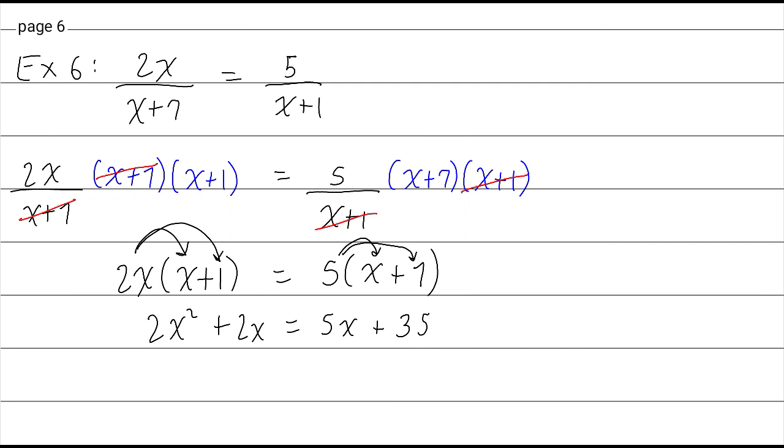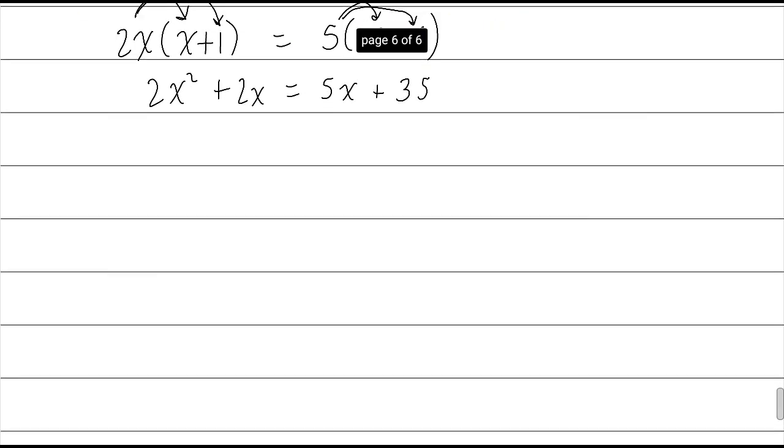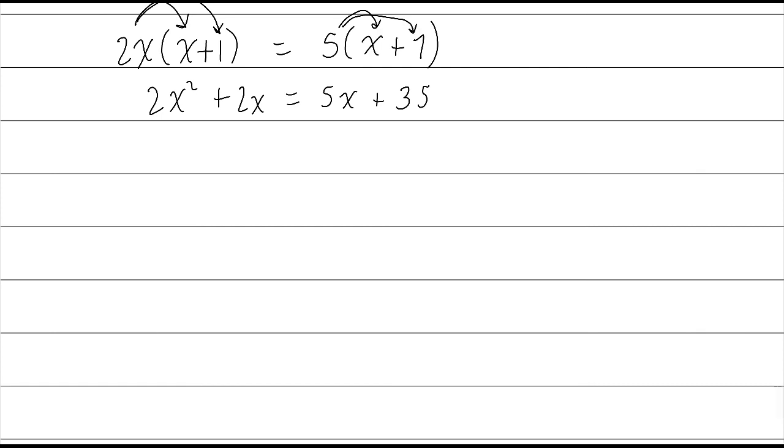Okay, and now I have a quadratic equation again. Okay, quadratic equation, I need to get the right side equal to 0. Try that again. There we go. Need to subtract 35 from both sides.